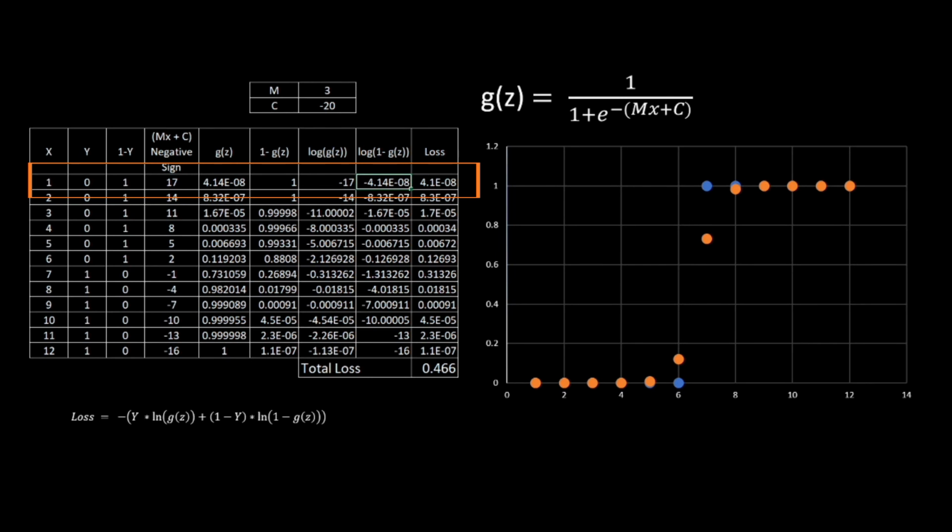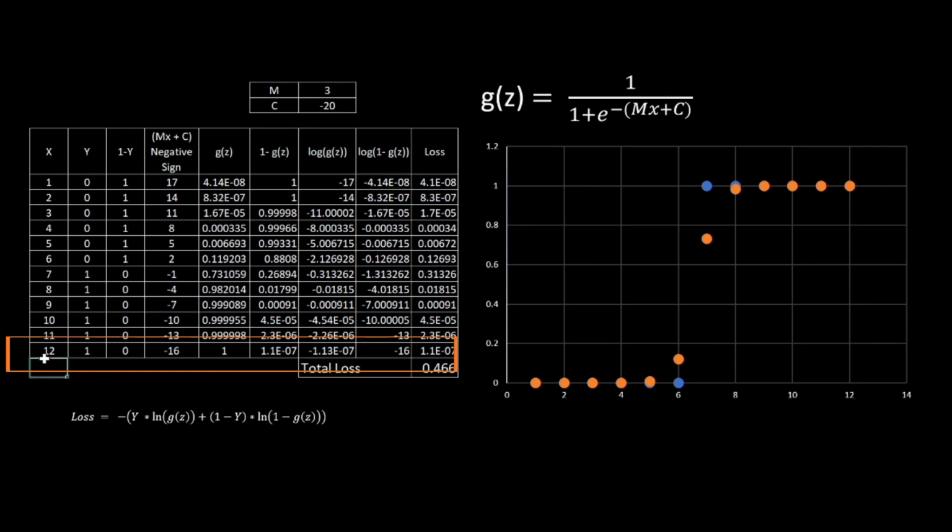Now just see the opposite of the first row, which is the 12th row, where you have given 12 hours to study and your GZ is very small, and your ln of 1 minus gz is very high, which is minus 16. Since you are going to clear the exam, your 1 minus y will be 0 over here.